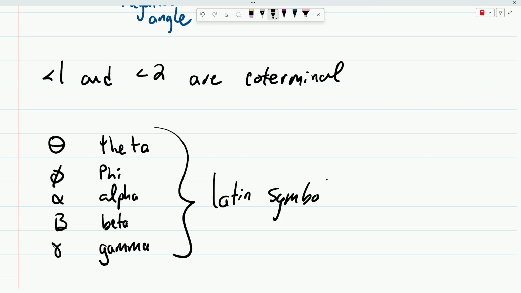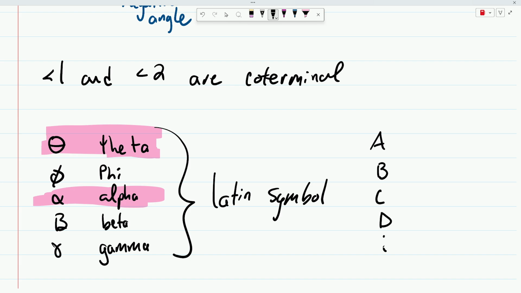There is no, hey, this is what you always do. It's normally we use these symbols right here. In fact, the ones that you're going to see a lot are theta and alpha. Those are the two biggies. But you can also use capital letters A, B, C, D, and so forth to represent any type of angle you want.